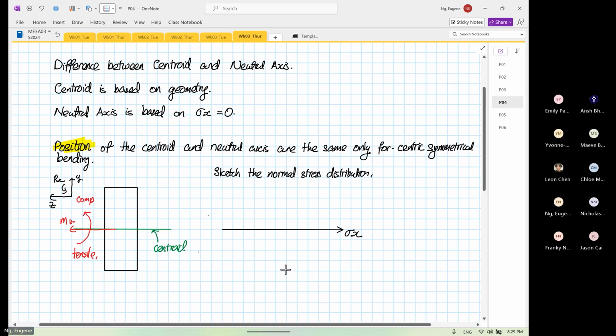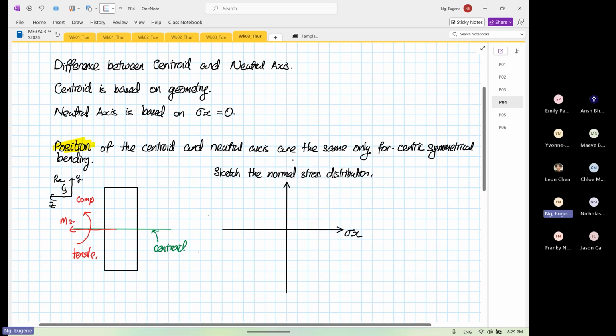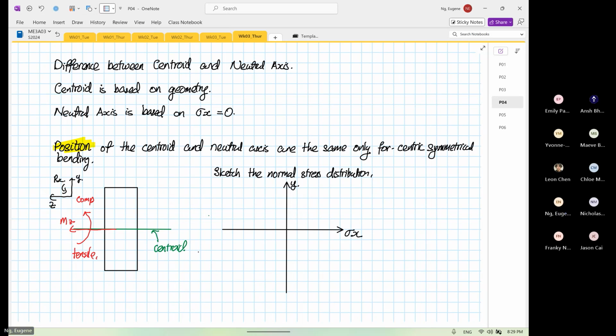And over here, this is your y. Okay. So if we know that the top, so this is 0 for sure. Anything on the right hand side is in tensile. Anything on the left hand side is compression. Okay, so stress X is negative on this side, stress X is positive on the other side.